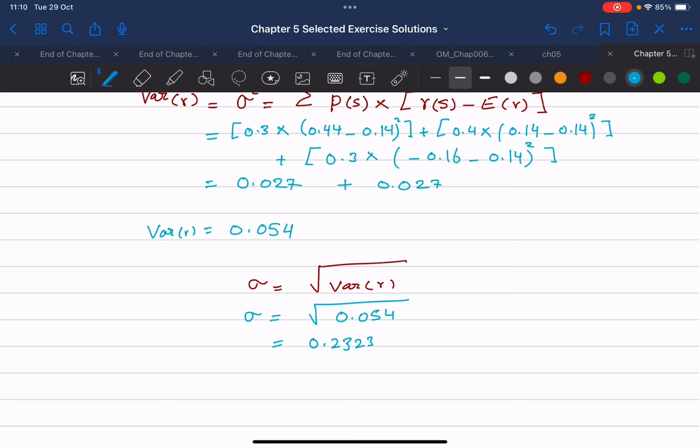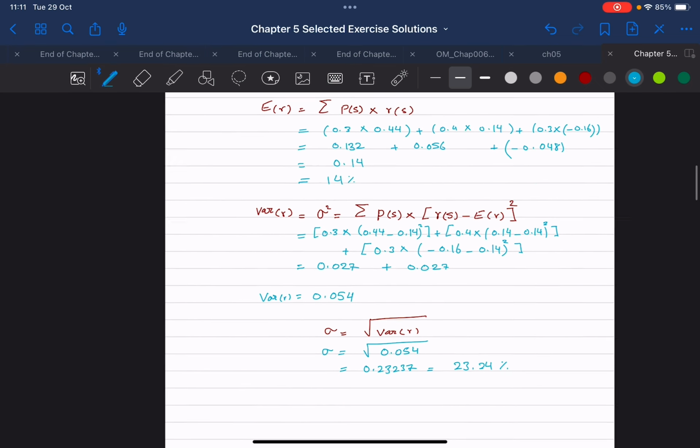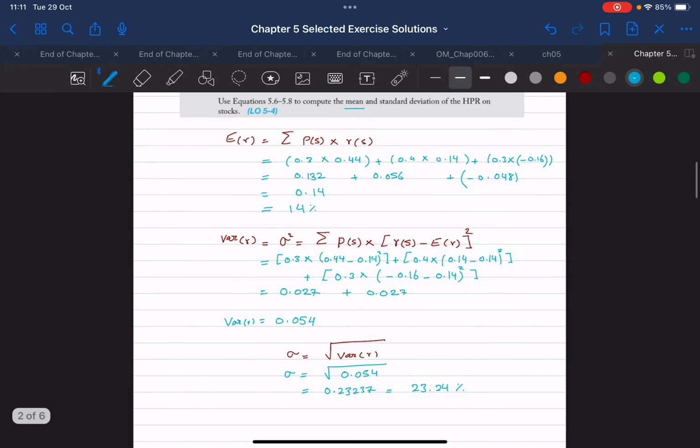So that's going to be 23.23%. Or actually round this up, because in the calculator it's 0.23237. So I'm going to round this up to 23.24%. All right. And this is how you solve question number 5 from chapter 5.